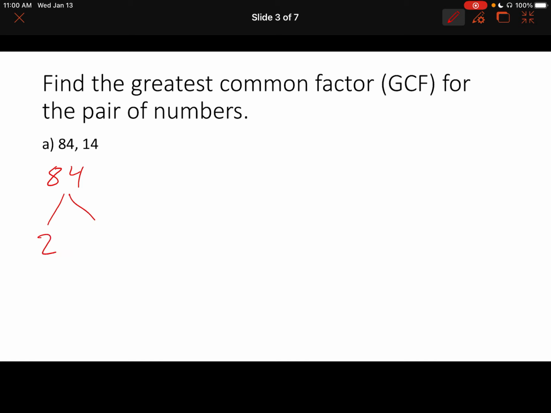And we have 2 times 42 gives us 84. 2 is prime, so we're done with that branch. 42 is 7 times 6. 7 is prime, so that branch is done. 6, we already talked about, is 2 times 3. All our branches end with prime numbers, so we can write the prime factorization of 84 is equal to 2 times 2 times 3 times 7.